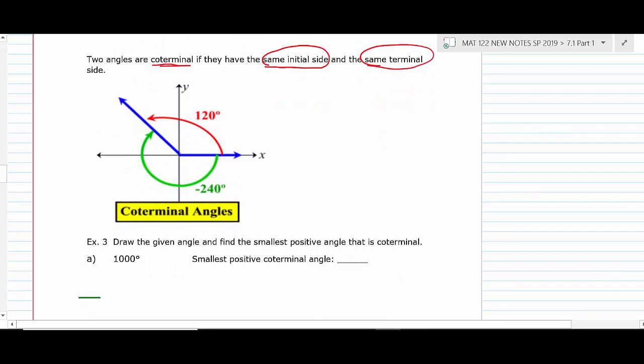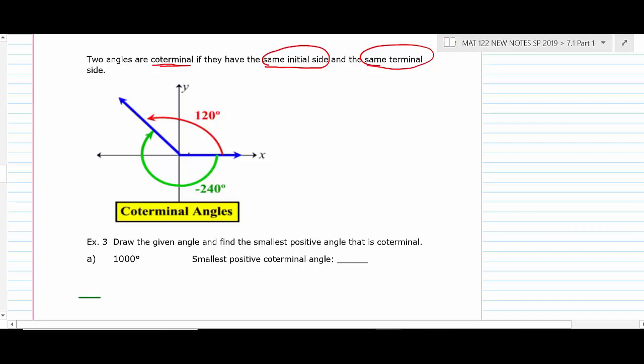This diagram here illustrates that well. This one is a 120 degree angle. And if you go clockwise, that's a negative 240 degree angle. Those angles are not equal, but they're coterminal. It just means they start at the same point and they end at the same point. Every angle will have an infinite number of angles that are coterminal to it, because you can go around the circle as many times as you want.